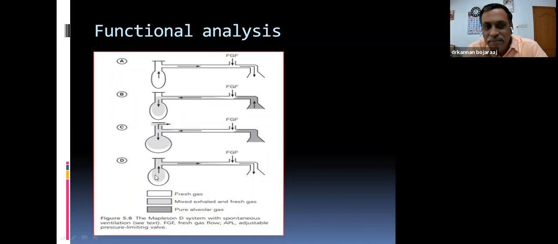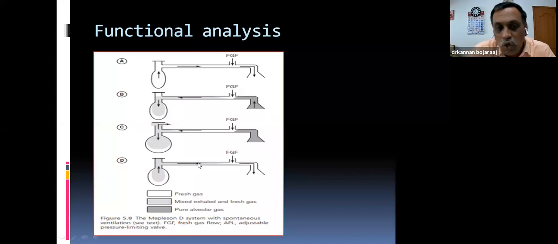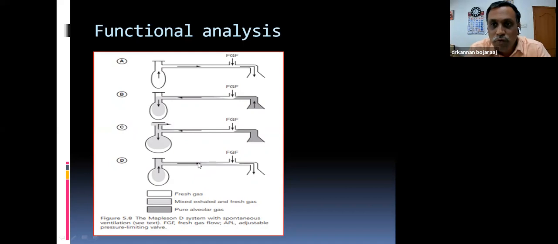And how much of the air in the reservoir limb, I mean this expiratory limb, is vented out determines the composition of the gas that is drawn inside the patient for the next inspiration. How much it is vented out, that determines.